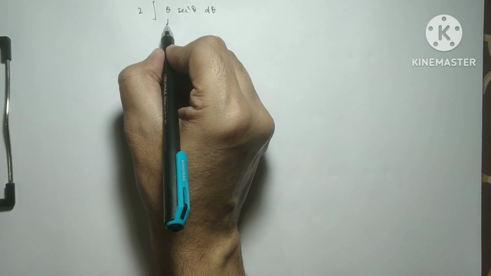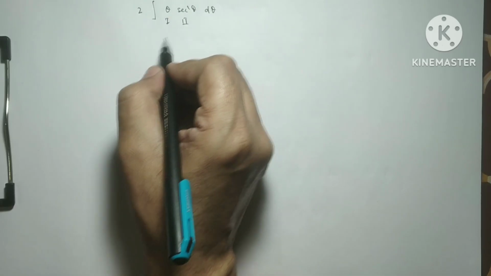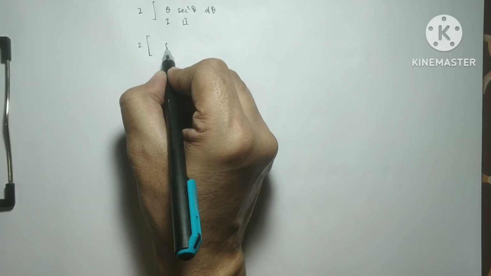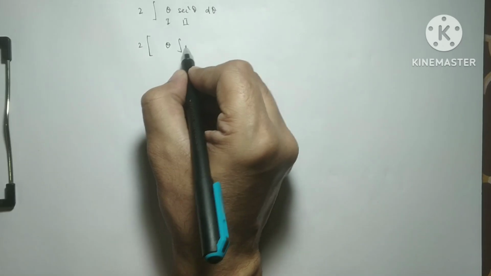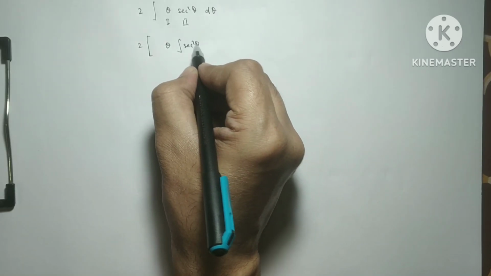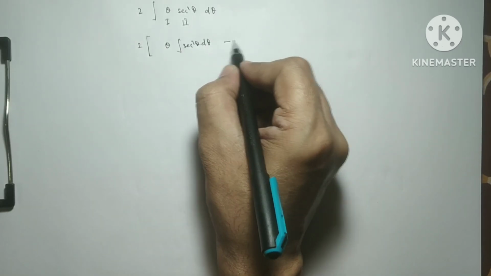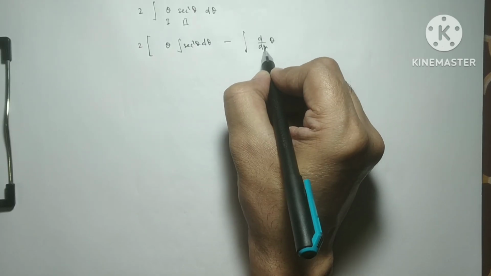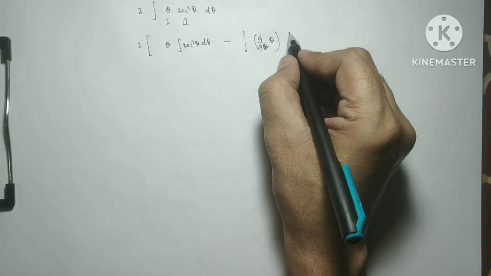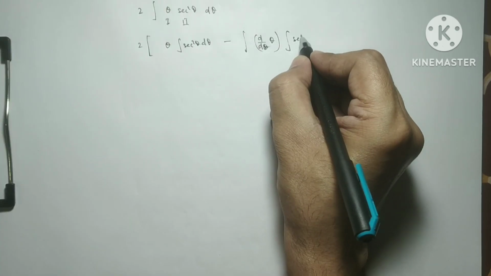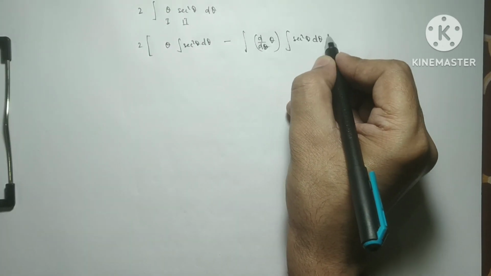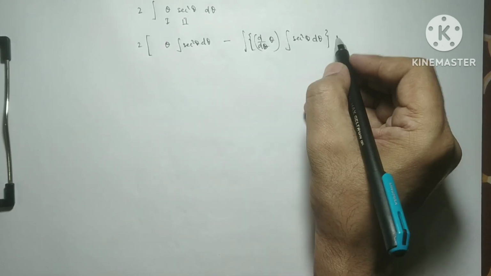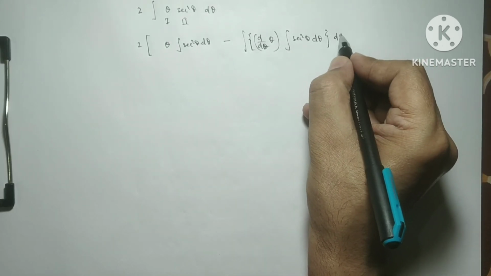Right now we will apply the method. So it is twice of theta as it is first function, integration of second function minus differentiation of first function, integration of second function, and whatever the product of these two we integrate once again.